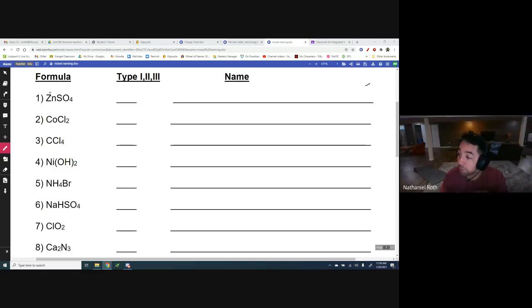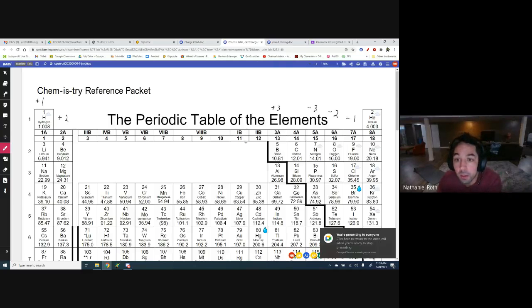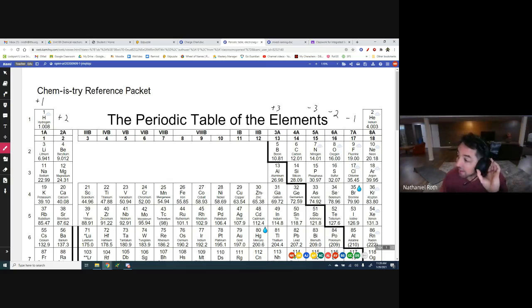Is that first part a metal or a non-metal? To figure that out, we look at our periodic table. We're looking for Zn. Zn is right here. It's zinc. It is on the left of the staircase, so that means it is a metal. Since it is a metal, that means this is an ionic compound.